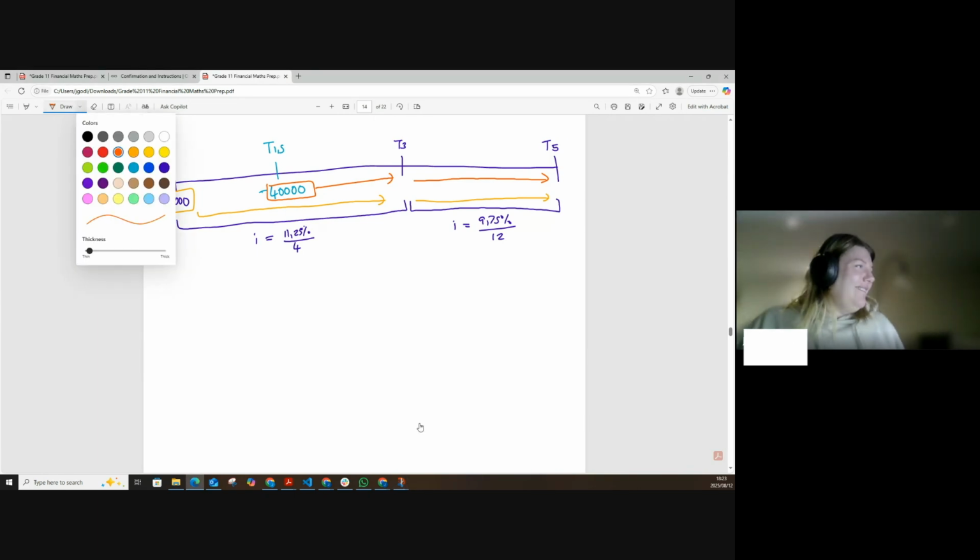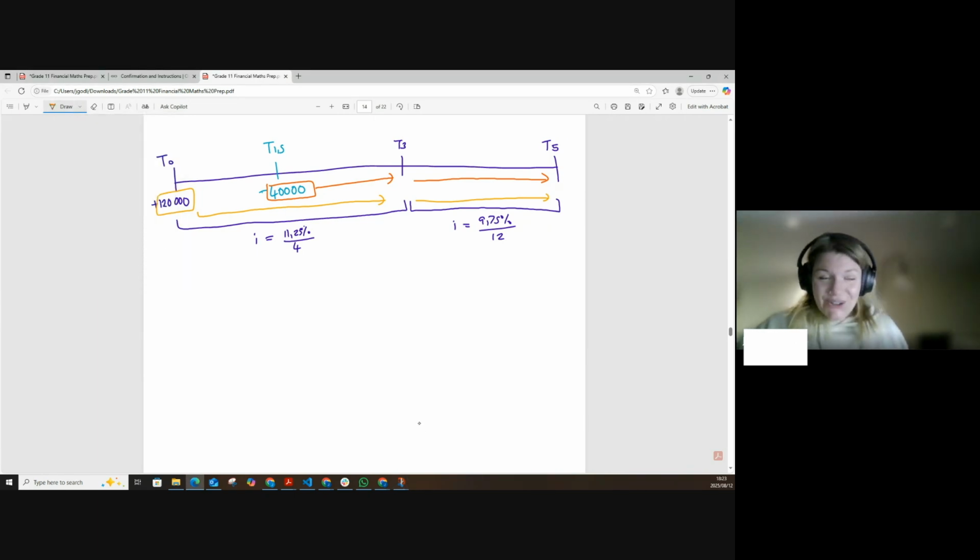So let's have a look at our yellow's journey. We're trying to find out the A amount for our yellow. We started with 120,000, and it had an interest rate of 11.25% that was compounded quarterly for 3 years. We're going to say 4 times 3 up there.